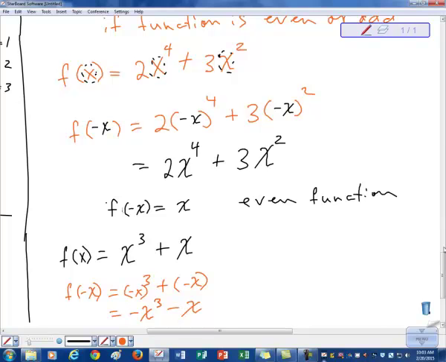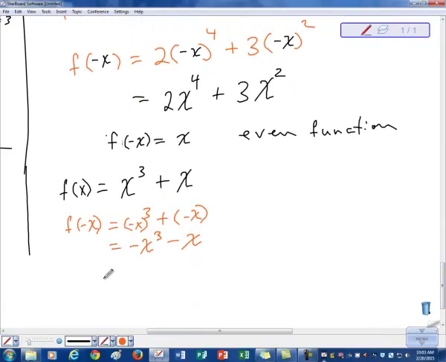So here we put negative x in, and we get a negative. All the signs change. This would be an odd function.